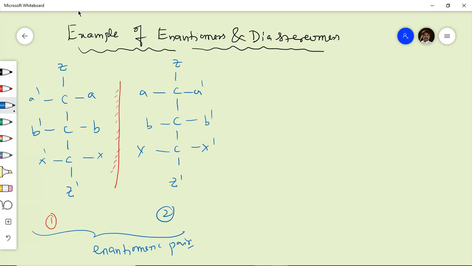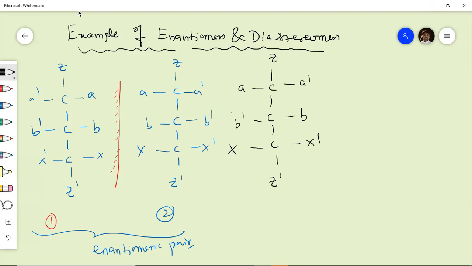You will see another picture with a different arrangement of the groups of atoms. The carbon chain will change. Here I am writing A dash, B dash, X dash, like the first one.